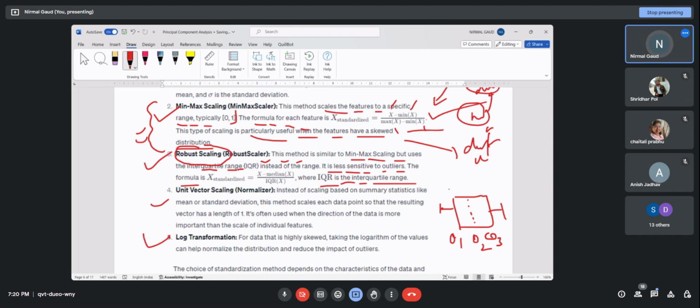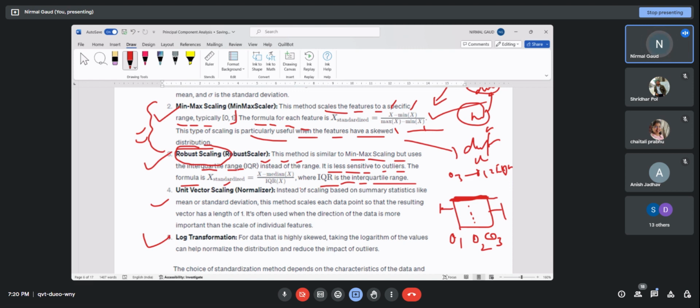And what is IQR? Q3 minus Q1, this is IQR, the interquartile range, this distance. So robust scaling is less sensitive to outliers, and the formula for robust scaling is x minus median x upon IQR.